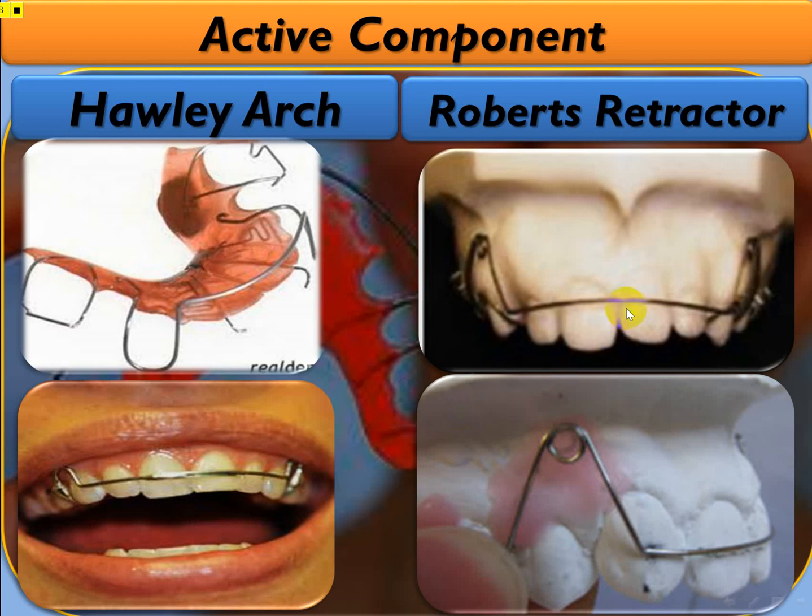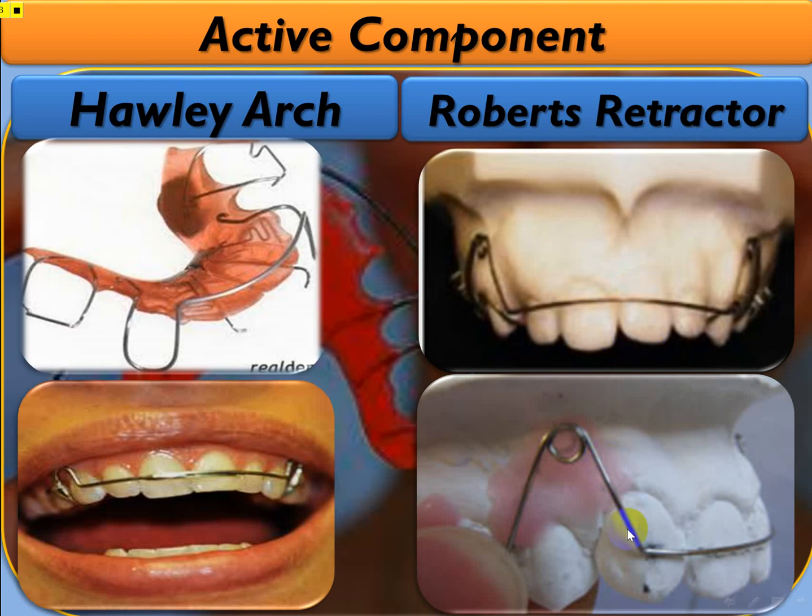The Robert retractor is also situated labially, like the Hawley arch. It consists of a labial arch and two sleeve buccal canine retractors, one on each side, joined at the midline to form the Robert retractor.